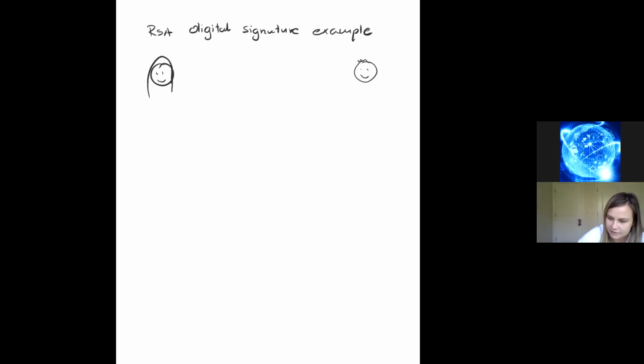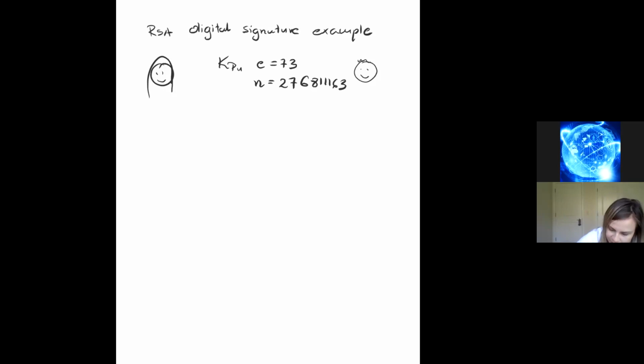Let's say that we have this public key pair with e = 73 and n = 276811163.